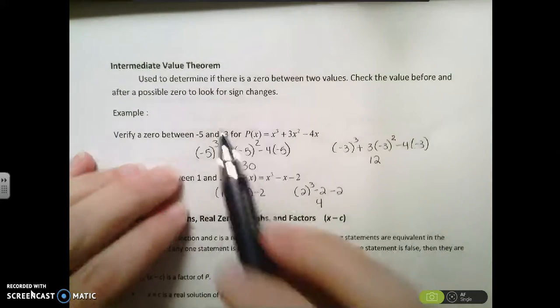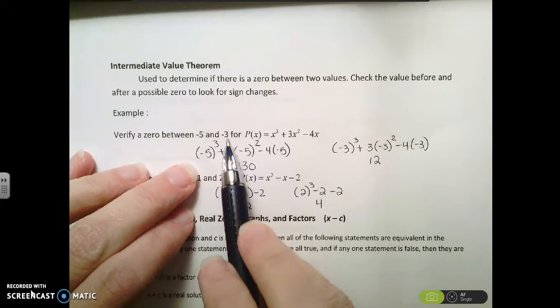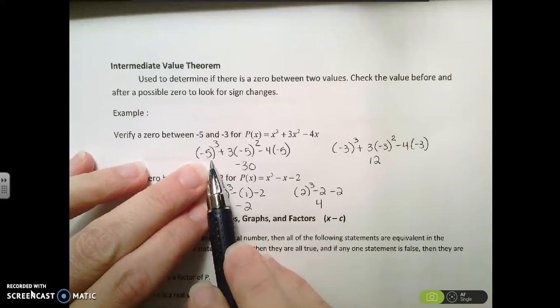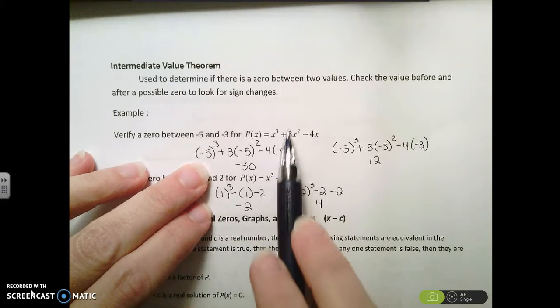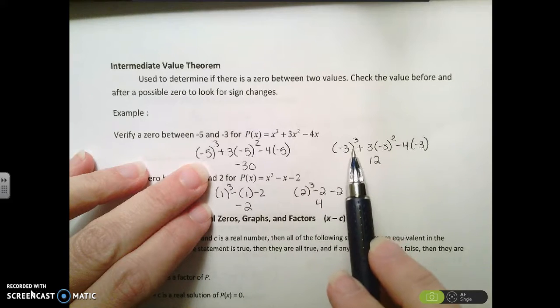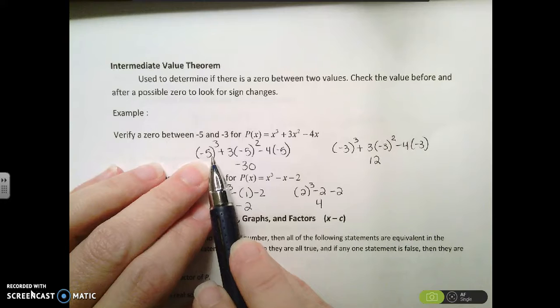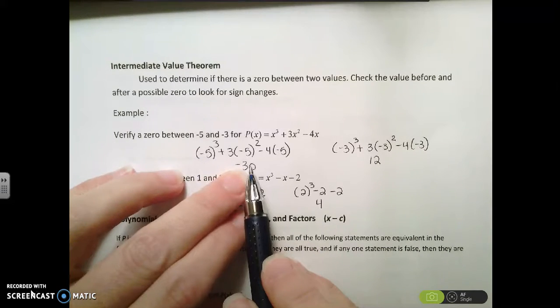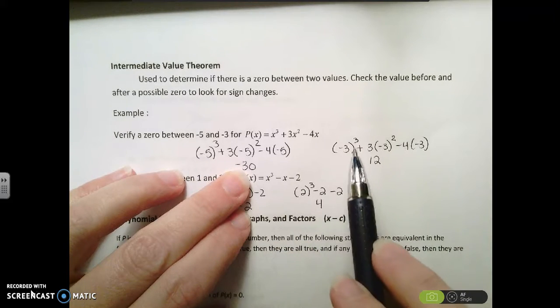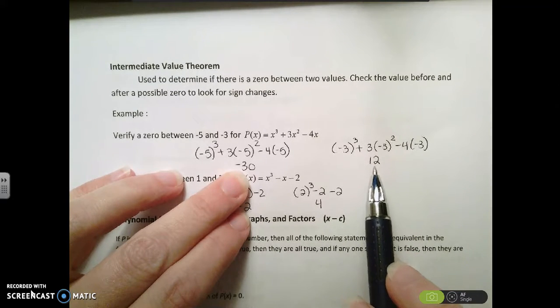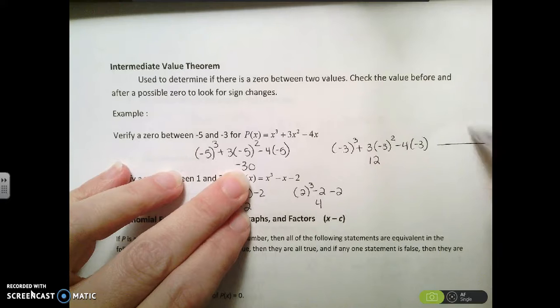So if I wanted to know if there was a 0 between -5 and -3, so if I substitute -5 into the polynomial, and then I substitute -3 into the polynomial, when I got -5, the solution I got was -30. And when I tested -3, the solution I got was 12. So if I look at my graph, and at -5, here's -5, and here's -3.